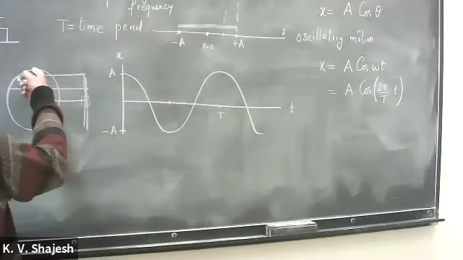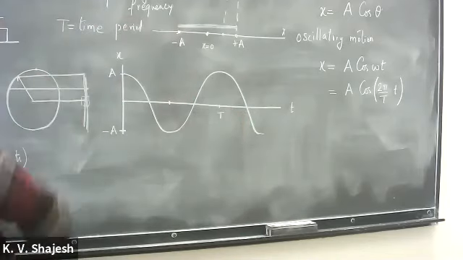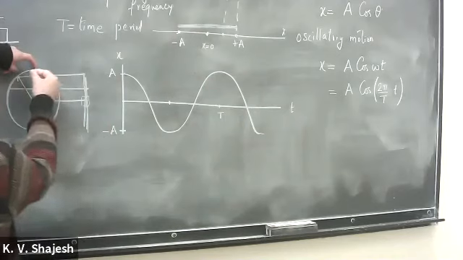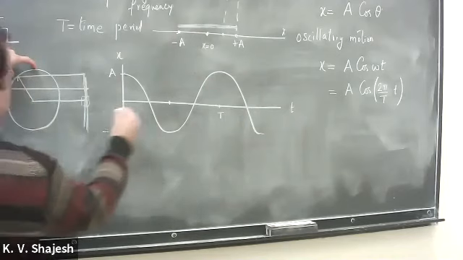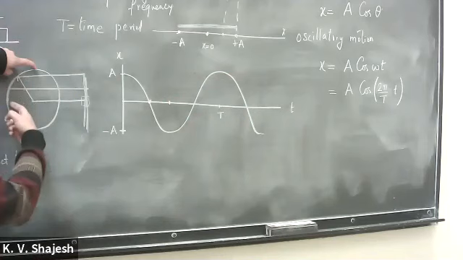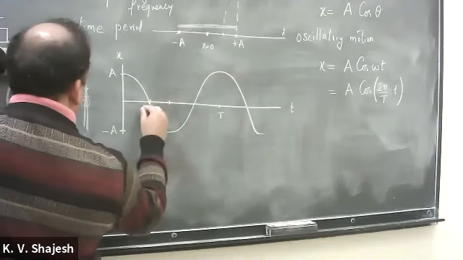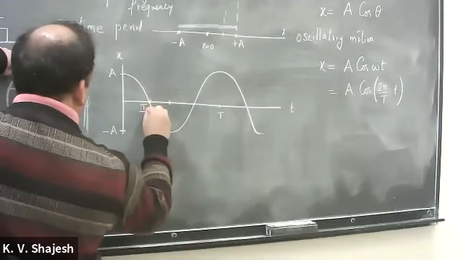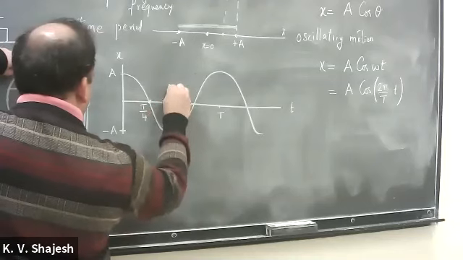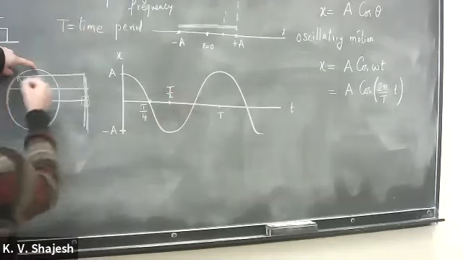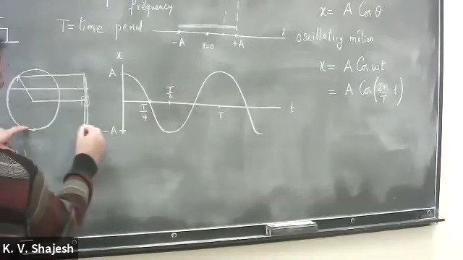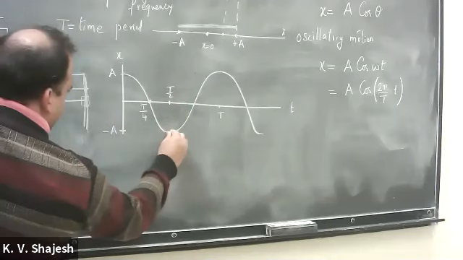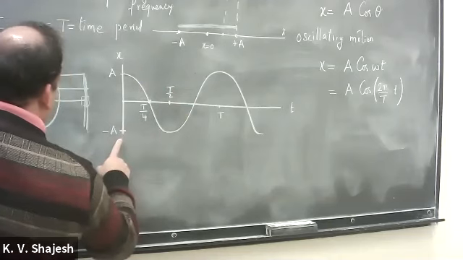That is the time it takes for this to start from here and come back here. So it starts from here, goes to 0 there. That's 1/4 of the circle, so that's T by 4. That's T by 2. By the time it has reached here, the mass is down here, so that's minus a.